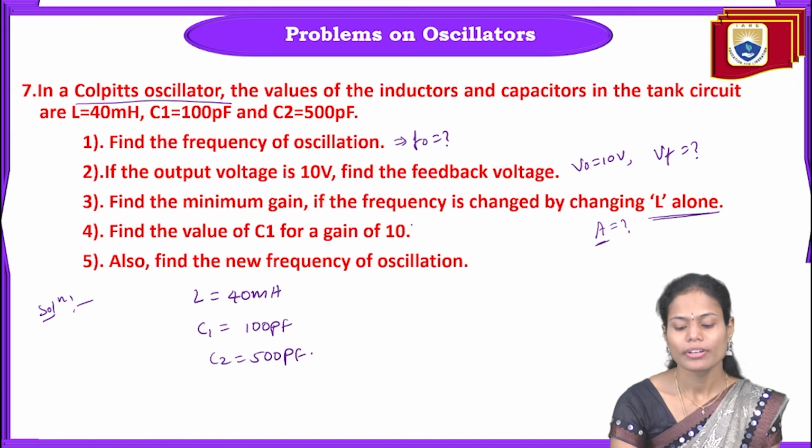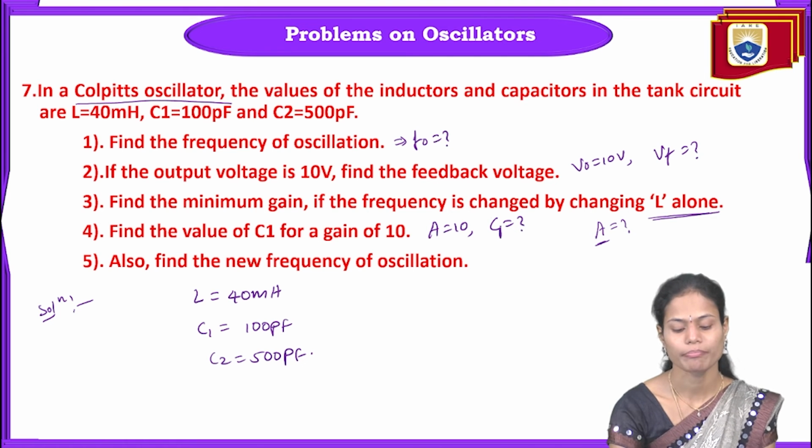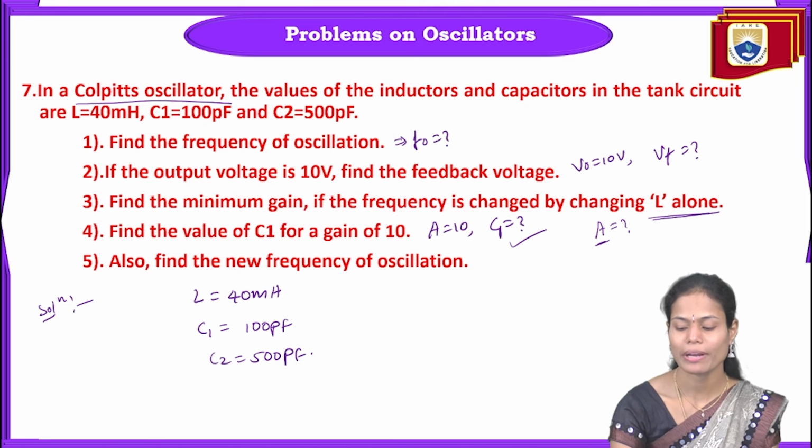And whenever the gain value is 10, how much capacitance C1 is required? Also find the new frequency of oscillation with this new capacitance as well as with this new inductance. So we need to calculate f0 new.